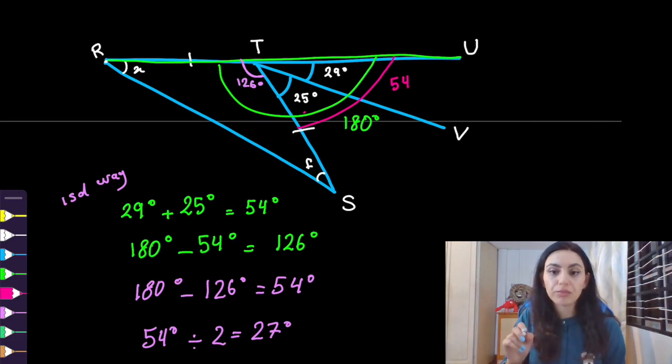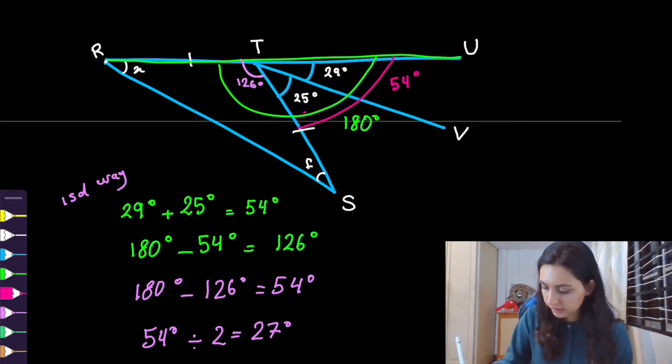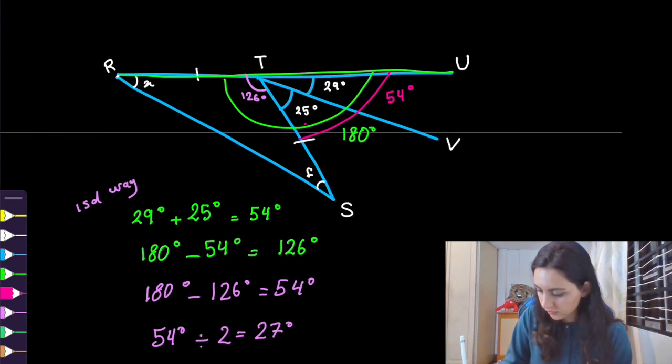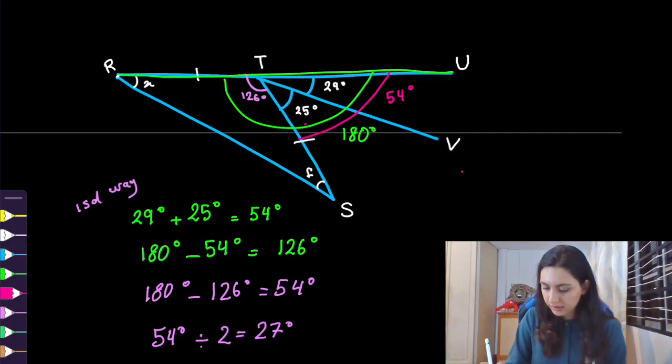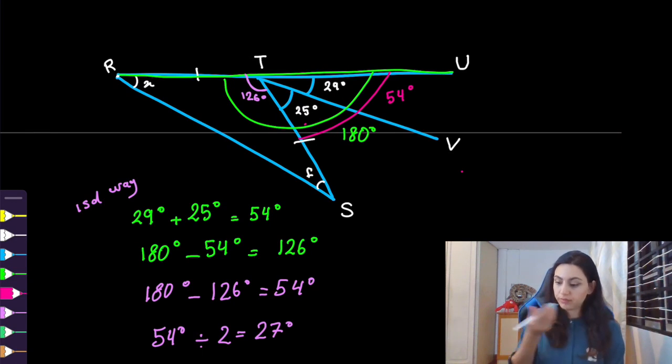And from the rule we learned before, the exterior angle is equal to F plus X, right? So right away we could say F plus X is 54, and then you could just divide it by 2. That would be your second and fastest way.